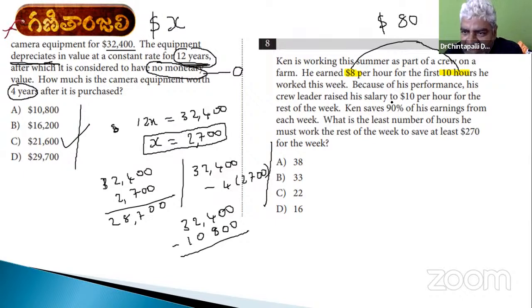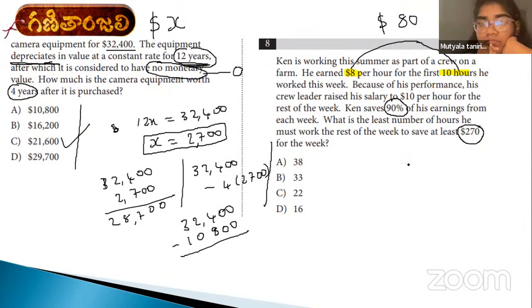Ken saves 90% of his earnings from each week. What is the least number of hours he must work the rest of the week to save at least $270? Which means 90% of his earnings must be equal to $270.